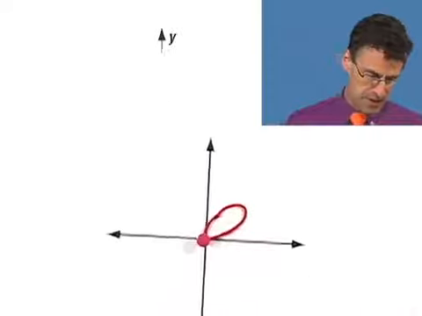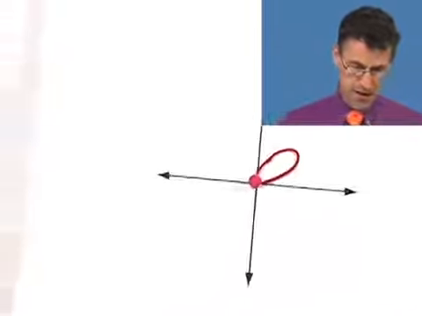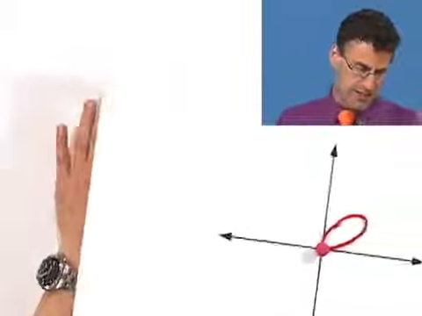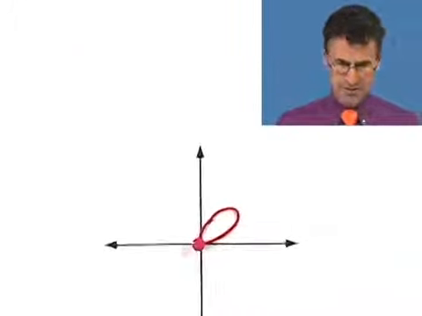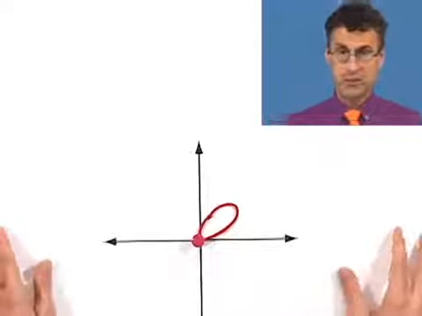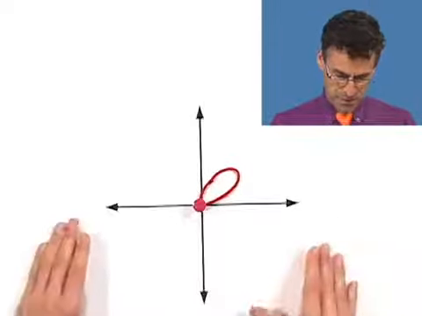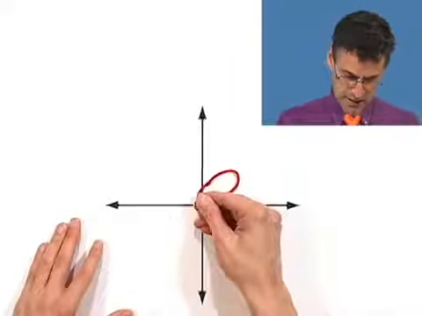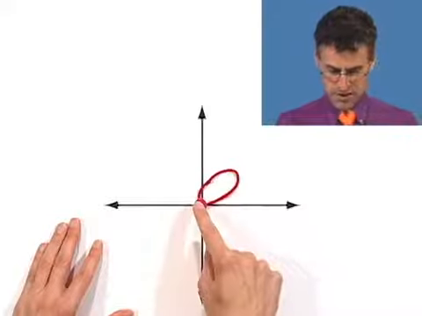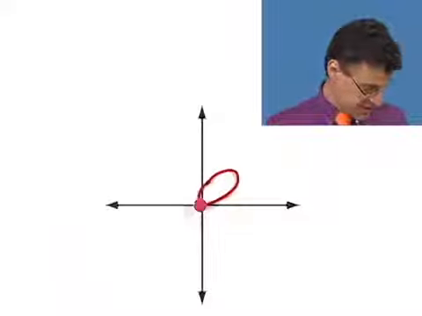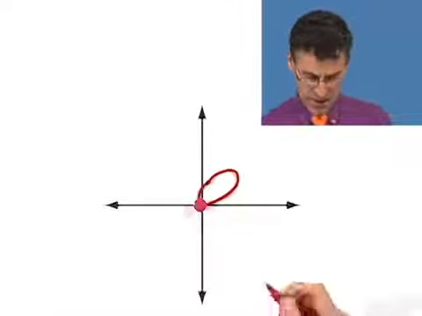It's the collection of all points that are equidistant from a fixed point. That's a very fancy way of saying something. It's a fancy way of saying that I have a fixed point, in this case this origin point right here, and I want all the points that are the same distance away from that fixed point.